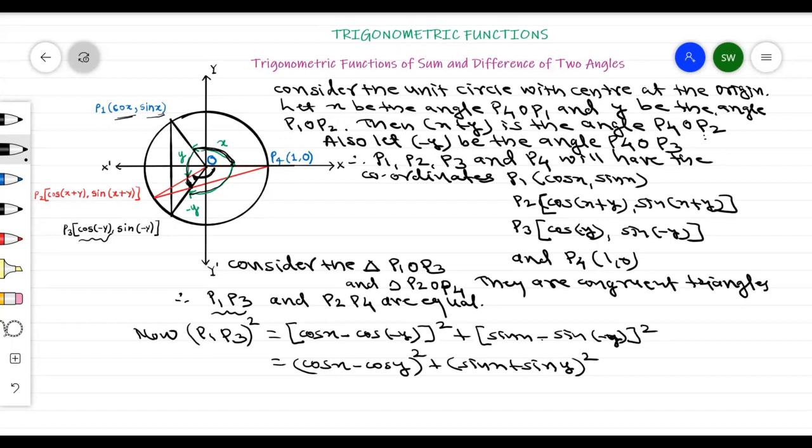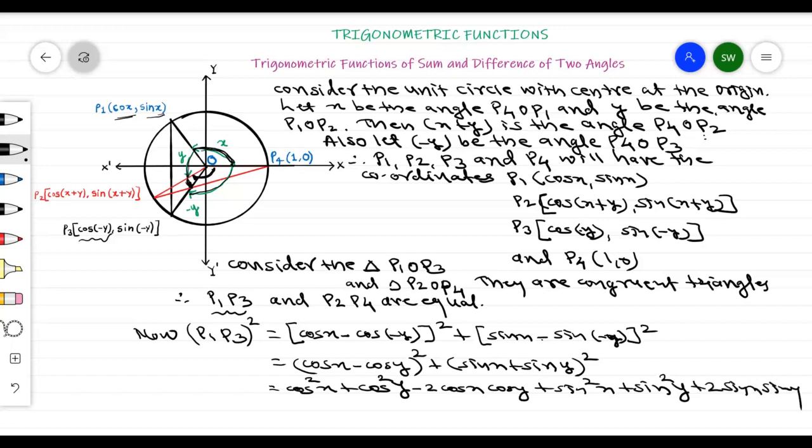Now expand this: we get cos square x plus cos square y minus twice cos x cos y plus sin square x plus sin square y plus twice sin x sin y.